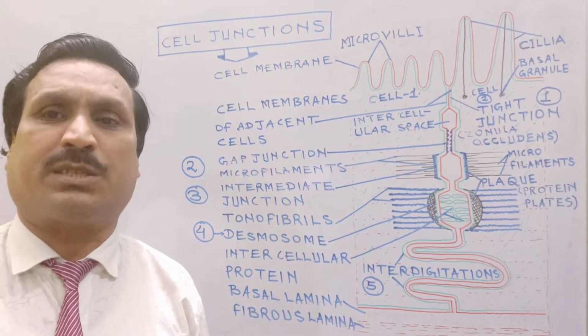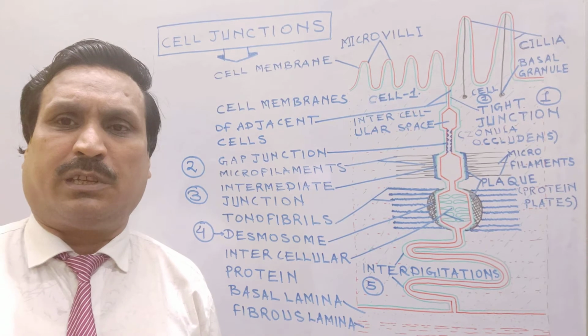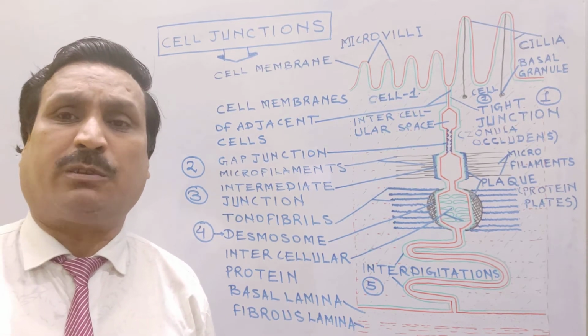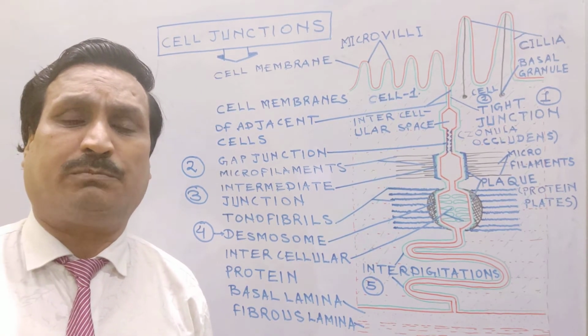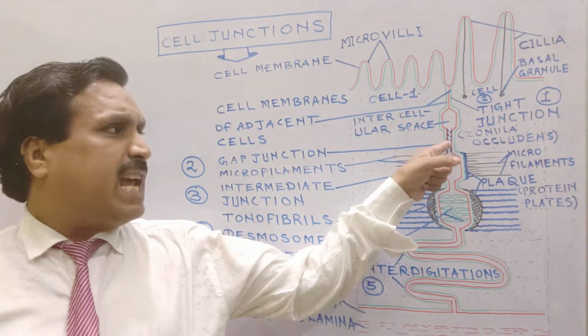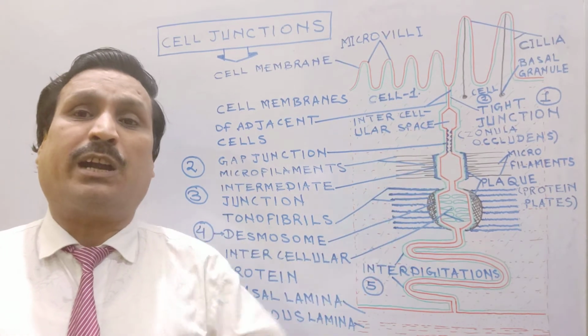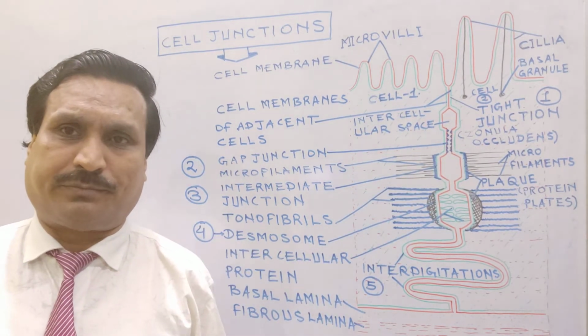This enables transmission of impulse of contraction of muscle from one cell to the other. This gap junction is very, very important in case of cardiac muscles.